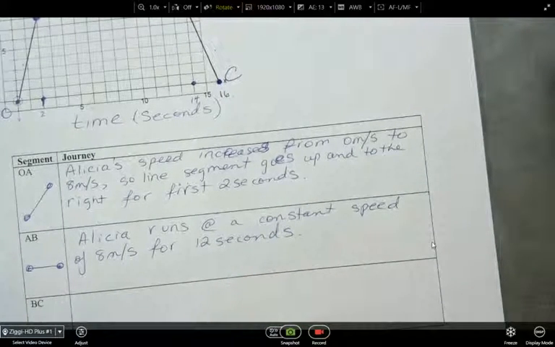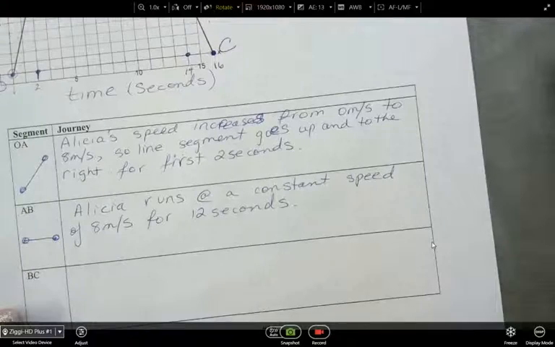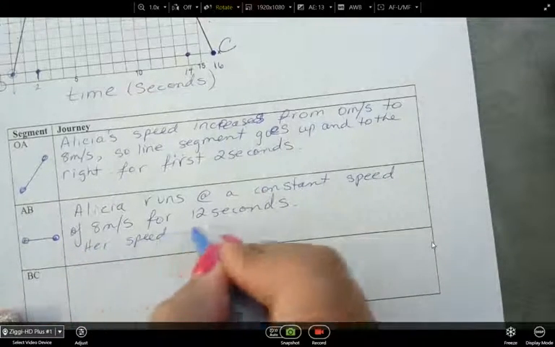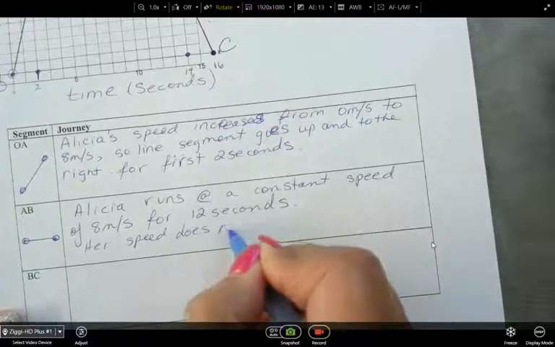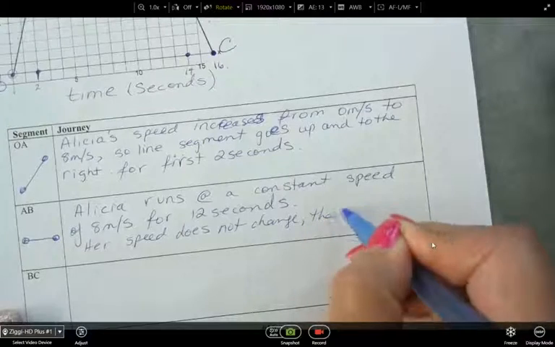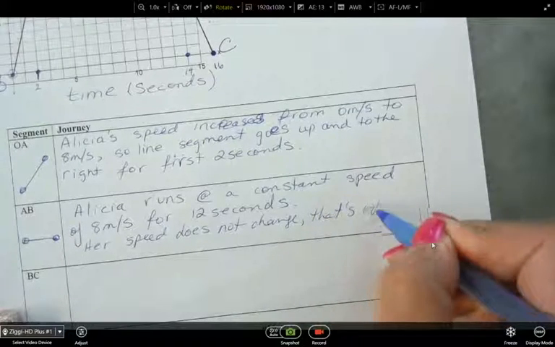Her speed does not change. That's why the line stays horizontal.